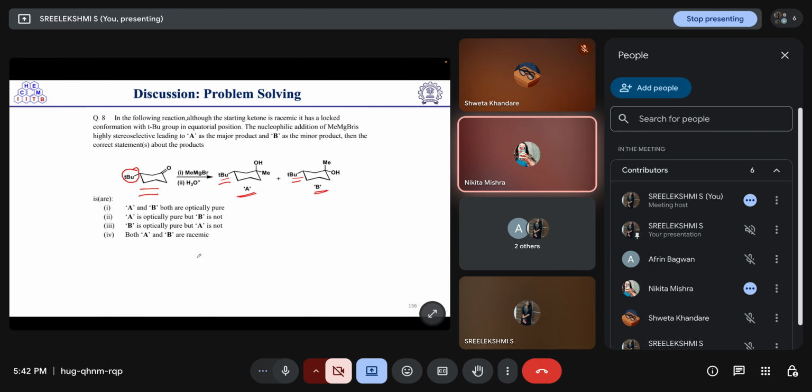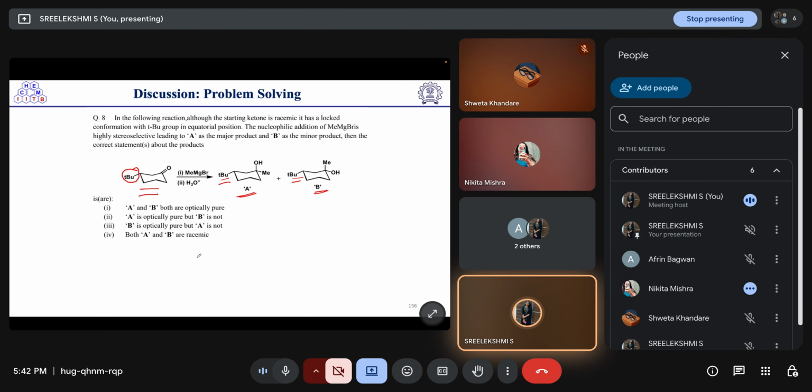Racemic. Have you heard about enantiomers? Yes ma'am. What are enantiomers? So, how are these two compounds related? Are they enantiomers or diastereomers?